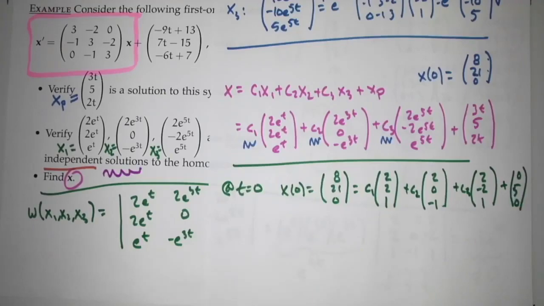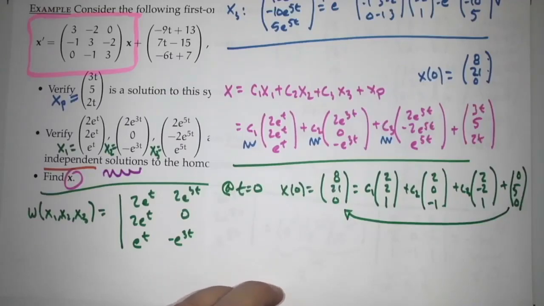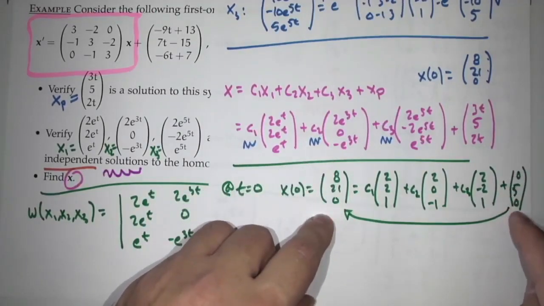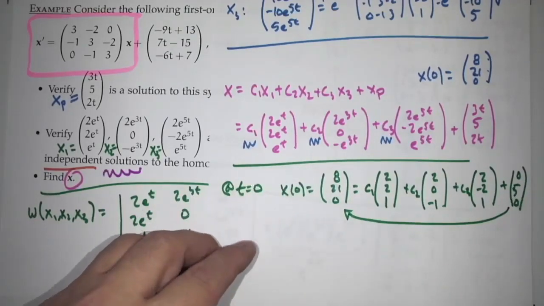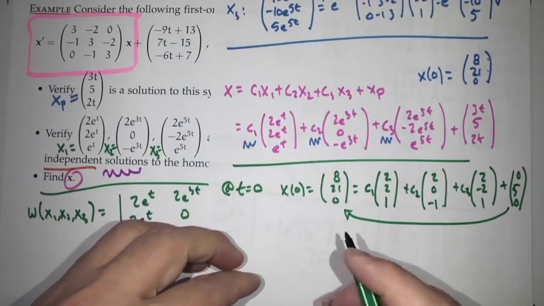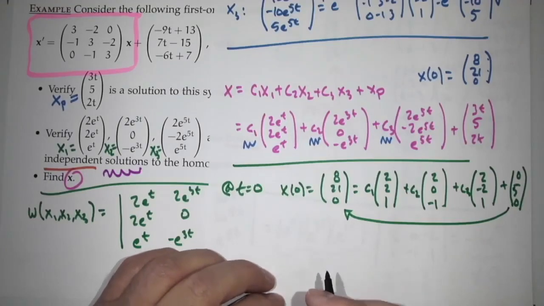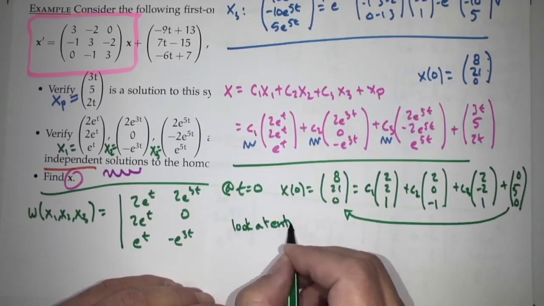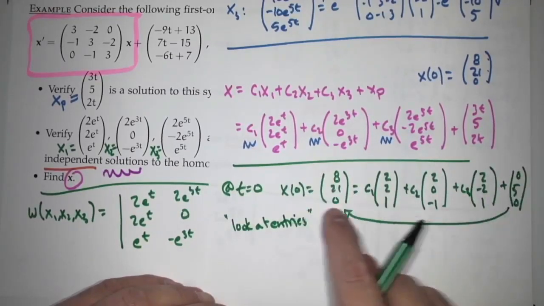All right, so a few things. I can move the 0, 5, 0 over to the other side. So think of it as subtracting, because we're going to subtract it. 8, 21, 0, subtract 0, 5, 0. What would that give us? 8, 16, 0. Okay. So, well, I don't want to write that all down. Let's look at the entries. So in particular, we should think of it as there's the first entry, second entry, third entry.